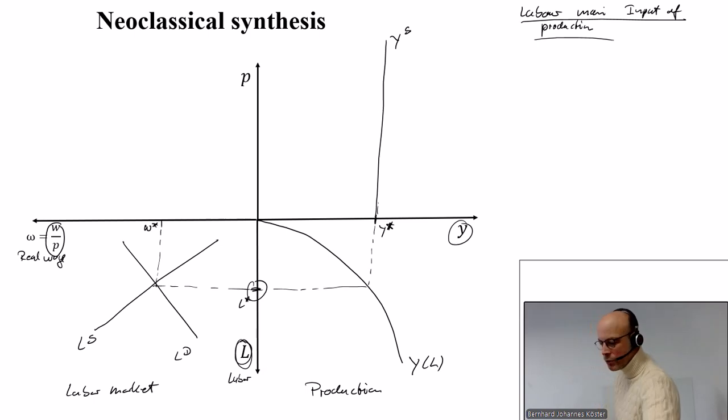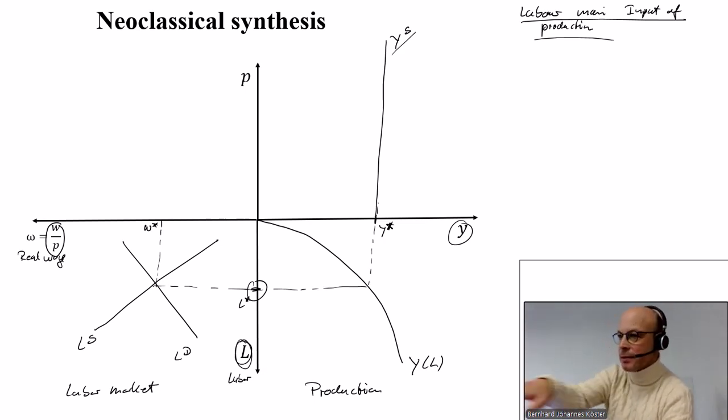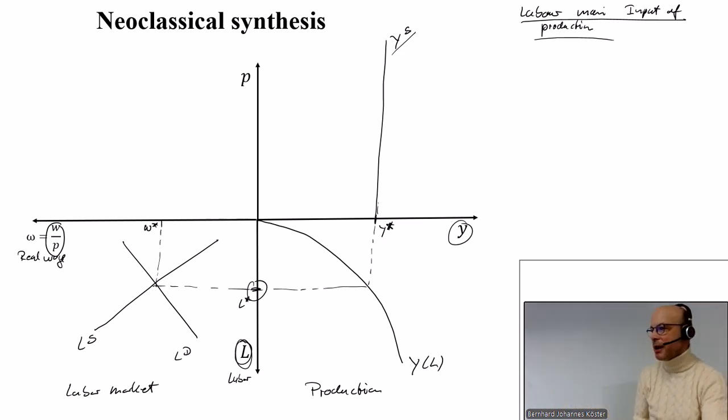And now we go to the next quadrant here. And since I have already drawn this supply function, we also see here, there we have no problem because this is the standard representation, P on the vertical axis, quantity, production on the output on the horizontal axis. This is just our commodity market.